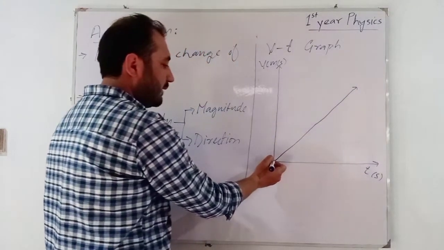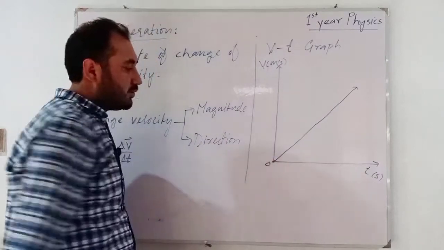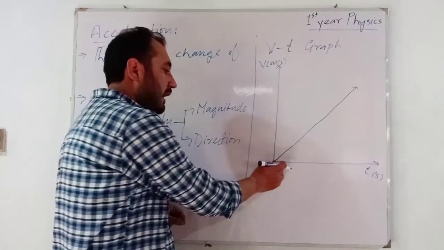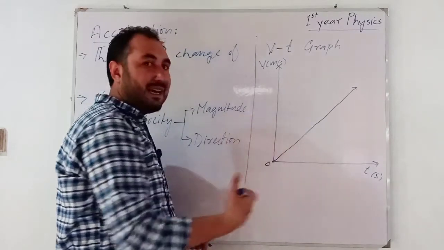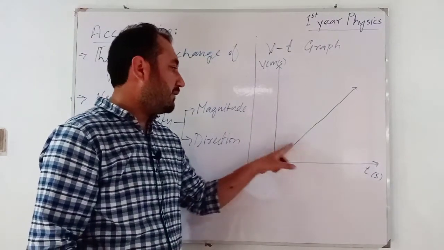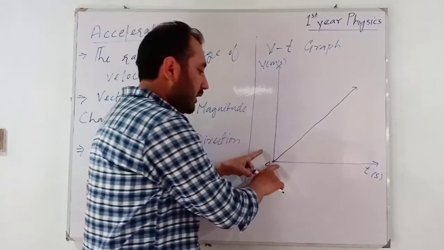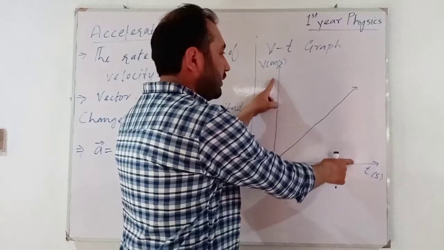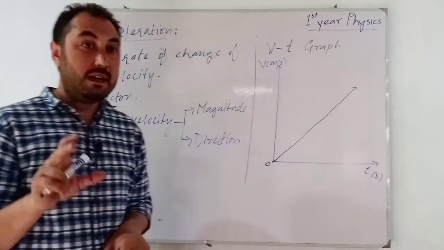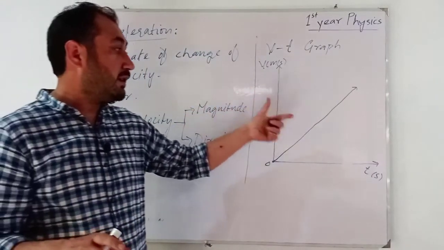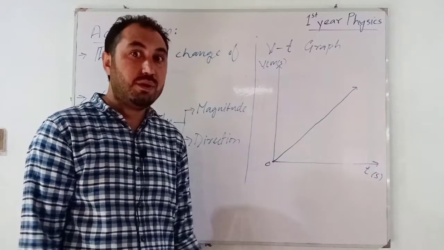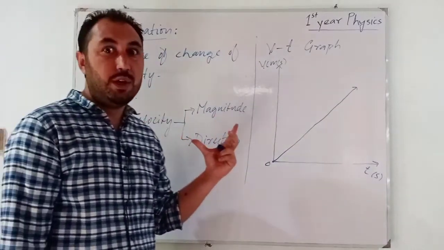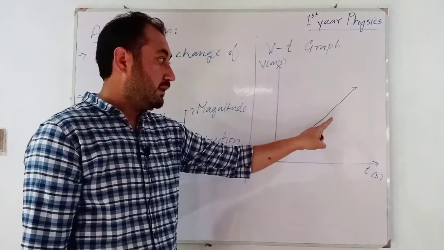If the origin corresponds to 0 meters per second velocity, then after some time it is going to gain velocity, and with the passage of time the velocity is going to increase. So we have a kind of variable velocity, and thus we can introduce acceleration, and we can extract enough data to calculate acceleration from this graph.